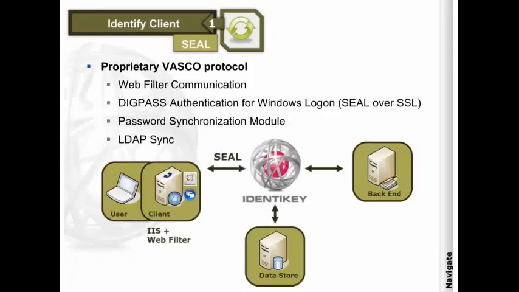In a web environment, Identikey server uses a component that plugs into Internet Information Services to intercept authentication requests. This component, the IIS module, verifies the credentials with Identikey server first. Normally this means verification of the one-time password.